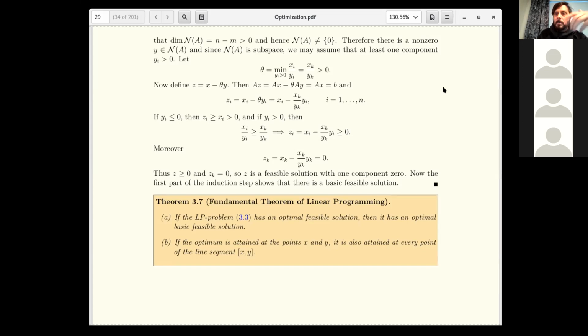So we can actually assume that the solution of this problem is selecting a suitable number of columns and basically ignoring the rest.